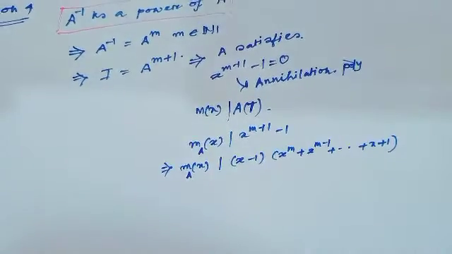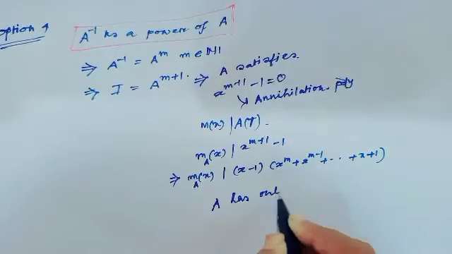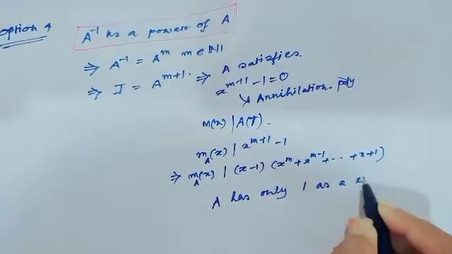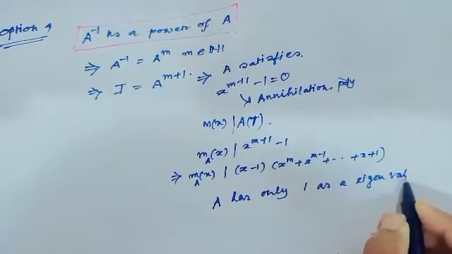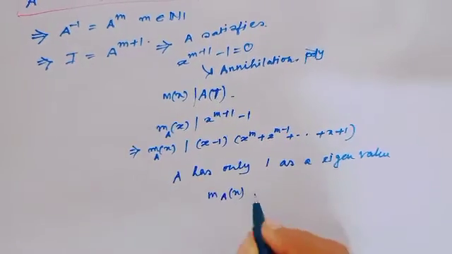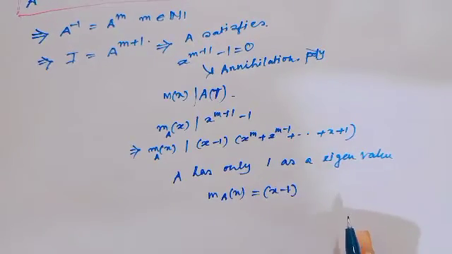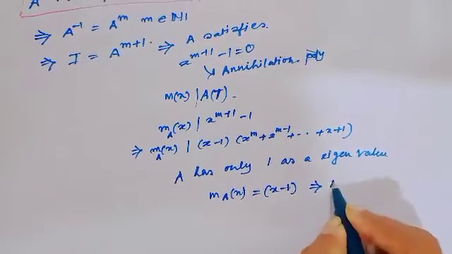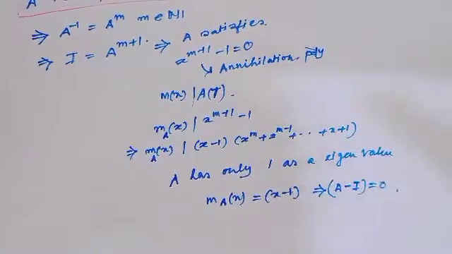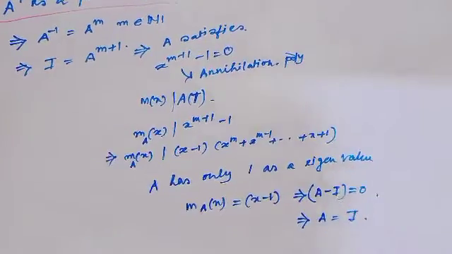And since A has only one as an eigenvalue, the only possible minimal polynomial would be x minus 1. That implies A minus identity equal to 0. So A equal to identity.